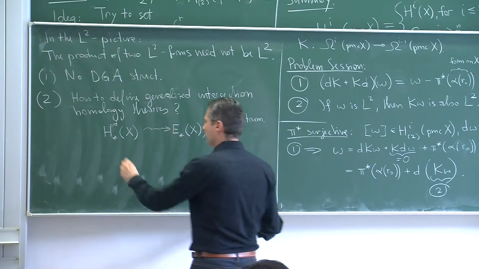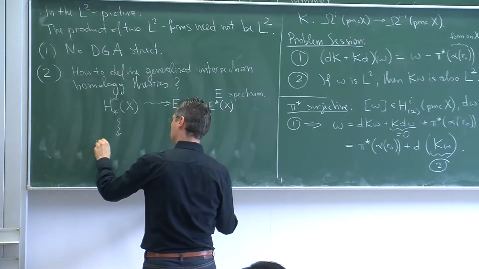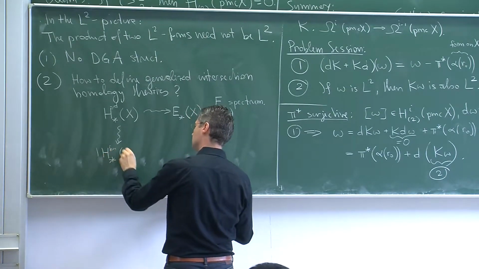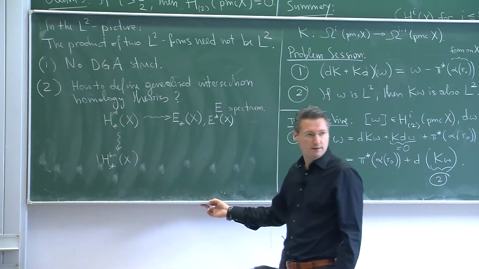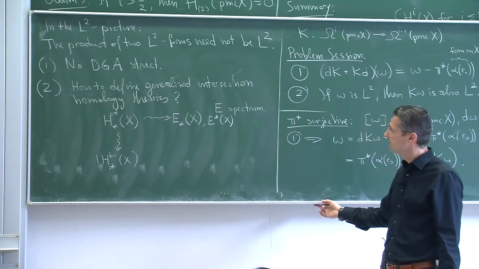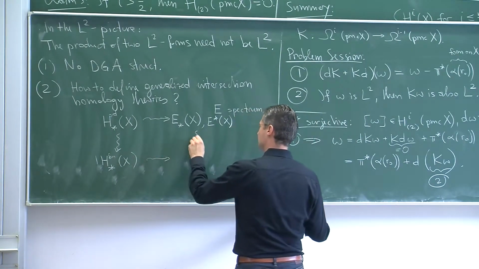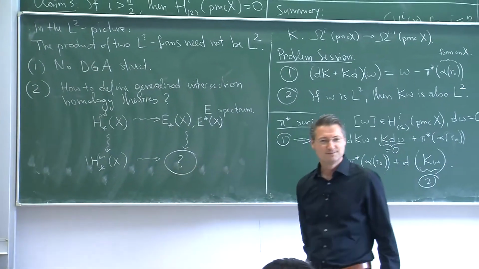But the process that we looked at changes homology to intersection homology in order to restore Poincare duality in the presence of singularities. So how do you close up that square? What goes here?